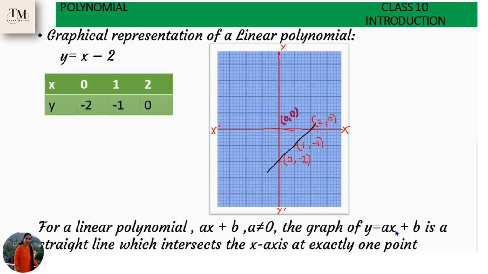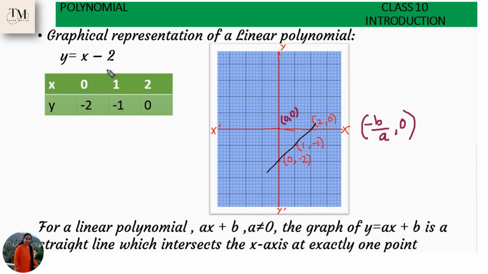It intersects the x-axis at exactly one point. The point is minus b by a comma 0. We already proved that the 0 of the polynomial is nothing but minus b by a.